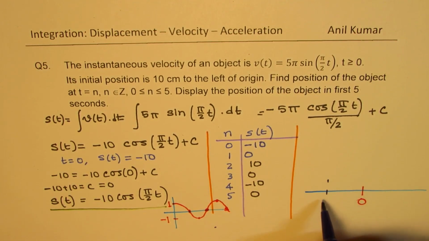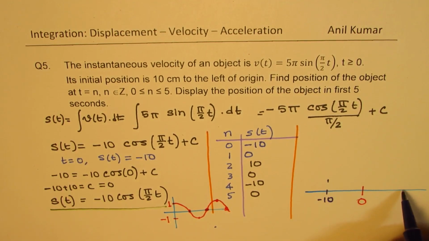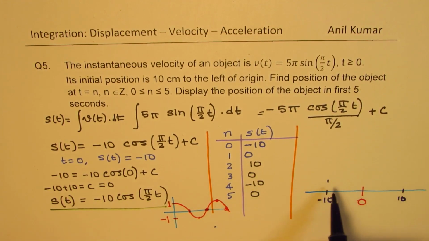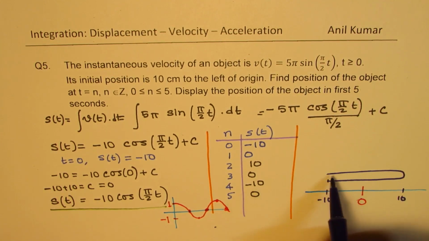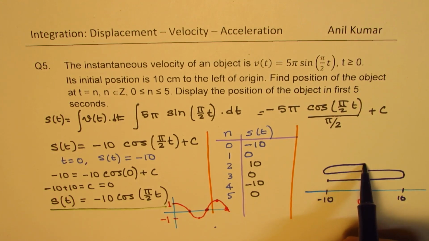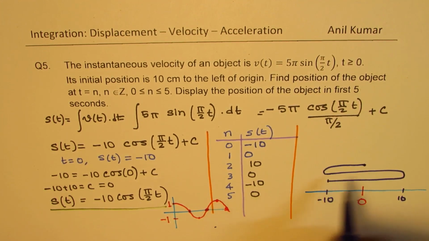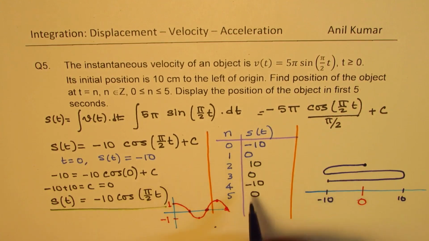Let's say this is minus 10 here, and let's say this is plus 10 for us. So at 2, it is plus 10. So it begins here, it goes up to this point and then turns, and then comes back to minus 10 and then goes to this point and then stops. I mean, it just moves on, but we are only interested in this cycle.